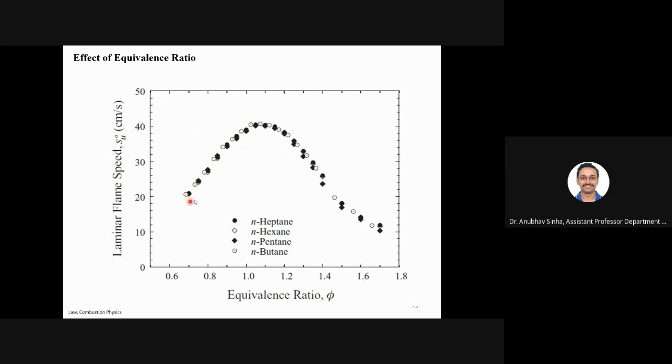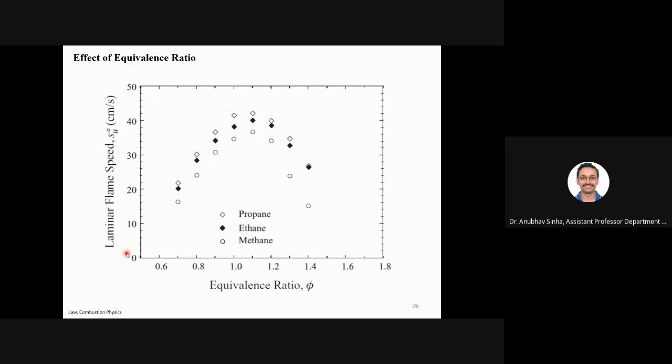We'll have some unburnt reactants: for rich we have unburnt fuel, for lean we have unused oxygen, right? So that's why the temperature is lower, and flame speed is also lower. Is it clear? Are you with me or not? Yes, sir. If you're not clear, if you want me to repeat anything, please let me know.